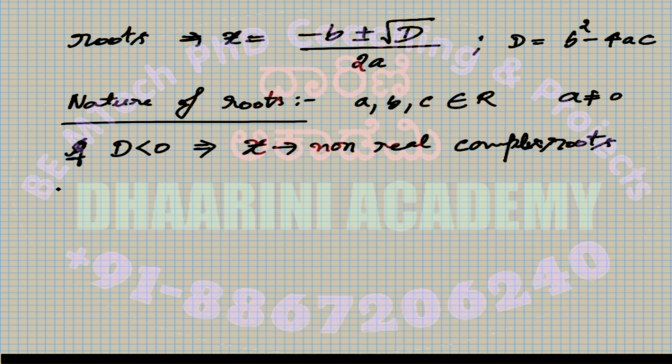Next, if say d is greater than 0, it means we have root of d as a real value. So we have two real and distinct roots. So we have real and distinct values coming into picture.